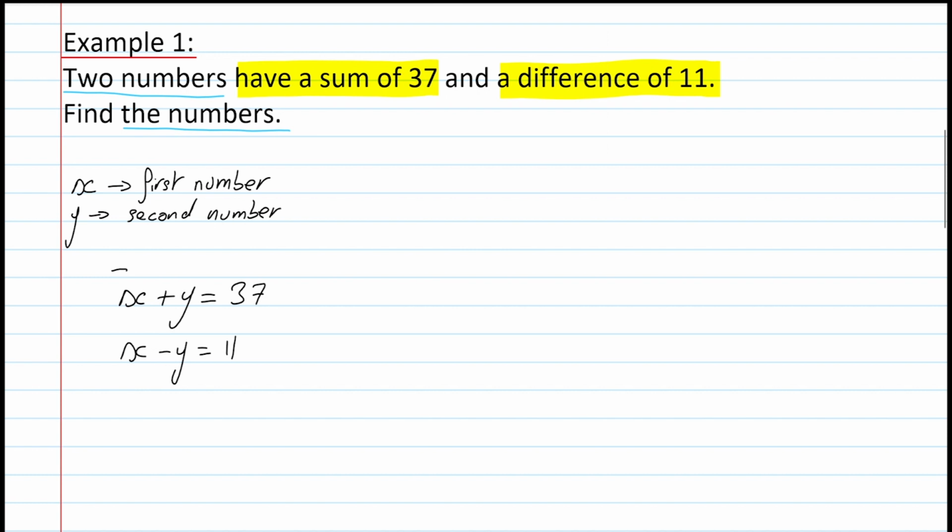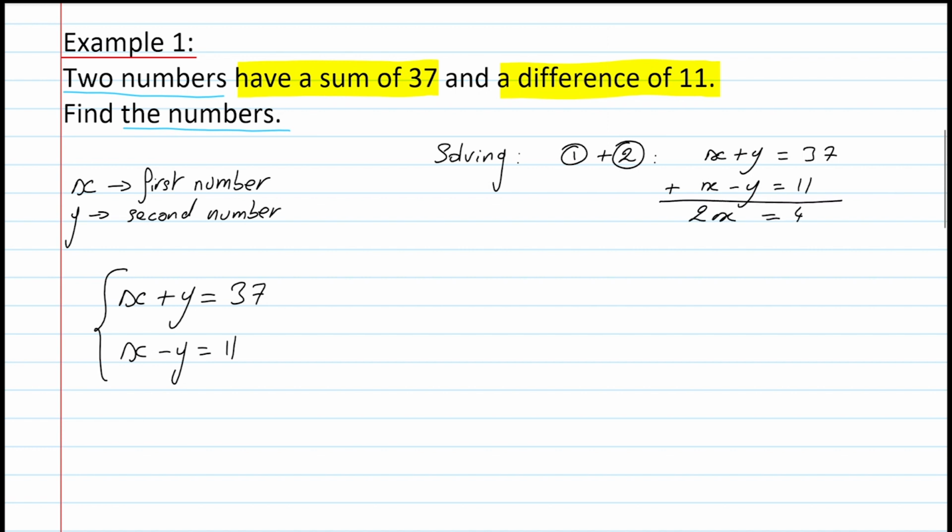Now we have a system of equations, and we can solve it using either the elimination or substitution method. Here I use the elimination method, so I simply add the two equations together and I get 2x equals 48. We divide by 2 to find x equals 24.